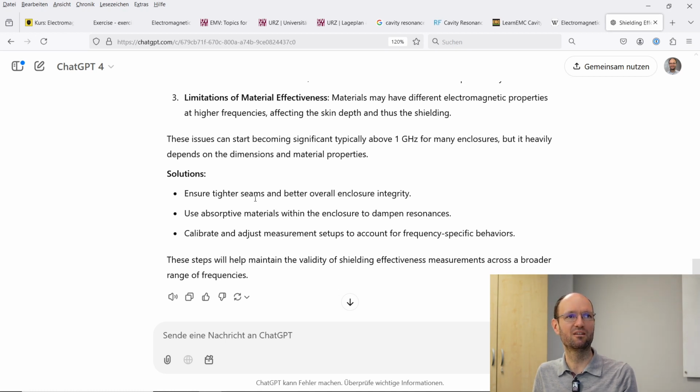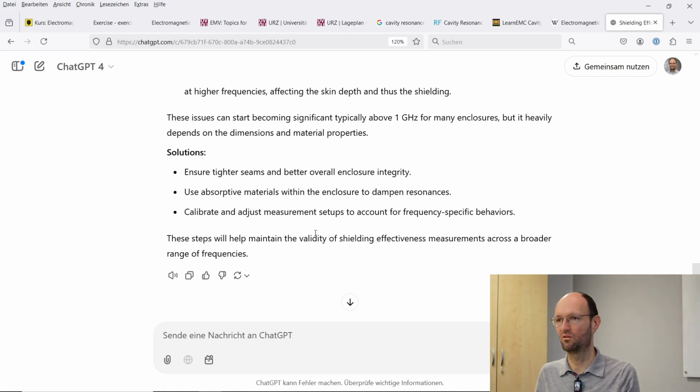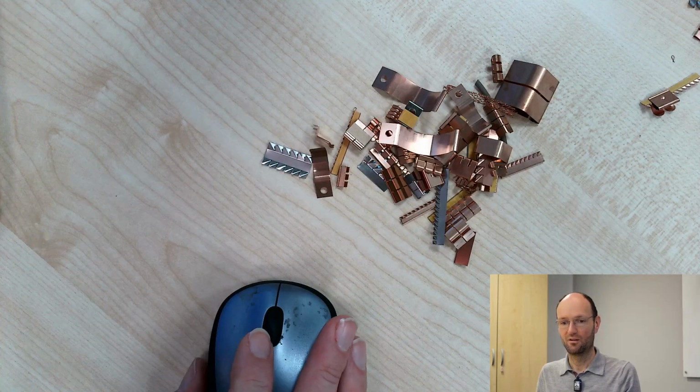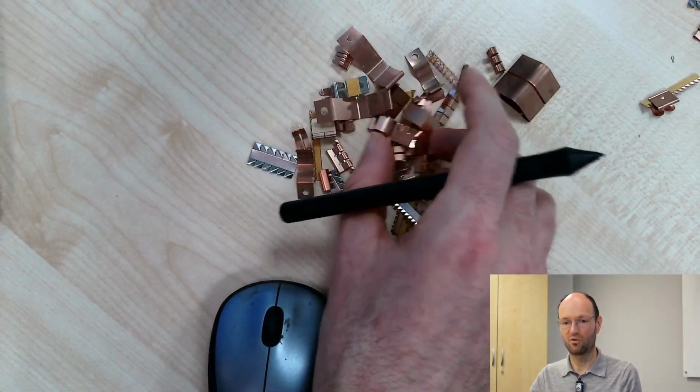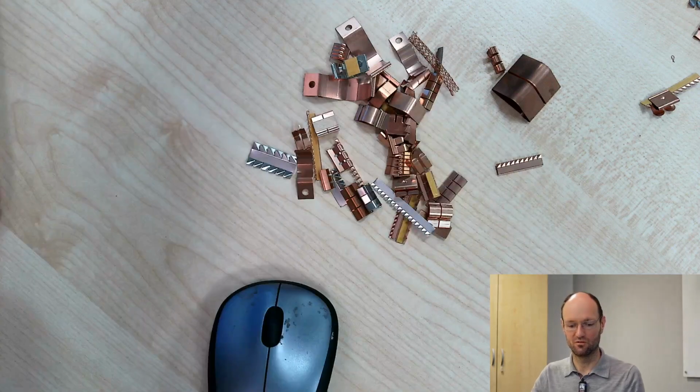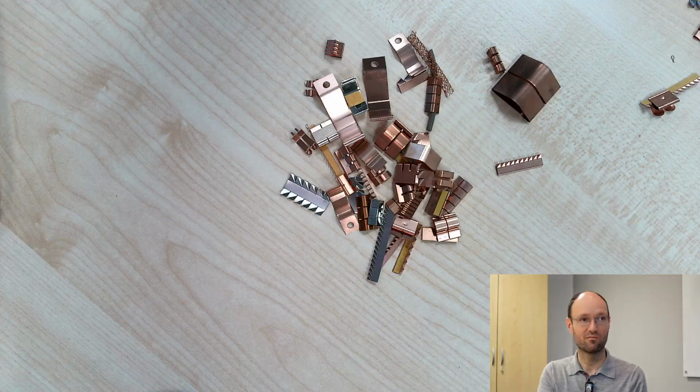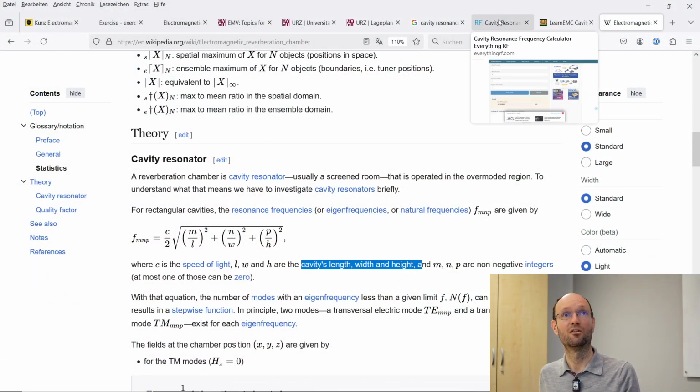So we need to have tighter seams. We can put absorptive material inside the enclosure that we already also discussed, and we can try to do some additional calibration stuff like this, right? And this brings us back to what I had shown with the document camera, these shielding materials here, to get what is suggested here, a tighter gap.